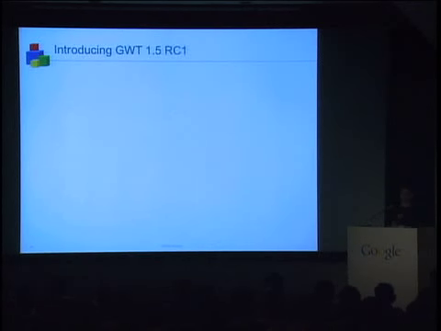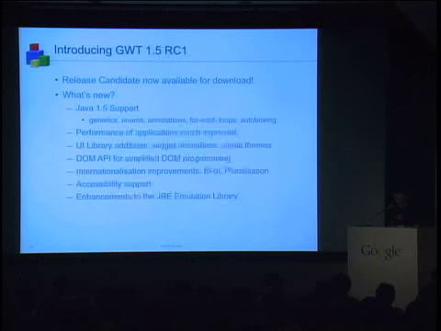Now, it's very important that you're all aware that a new version of Google Web Toolkit was just recently announced. Google Web Toolkit 1.5. The release candidate is now available for download. So what's new? Well, our most requested feature, Java 1.5 support. So all your favorite Java features, generics, enums, etc. The performance is much improved.